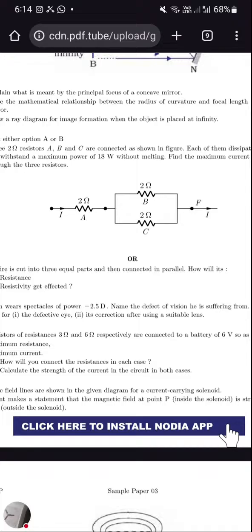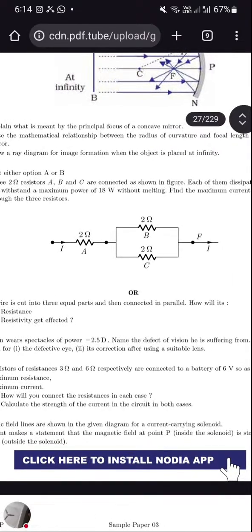Are you finding it, or do you want me to explain? Power is given as 18. Equivalent resistance, you got 3. So I is root over P by R, so 18 by 3. Have you got 3 ampere? Power is given 18 watt.